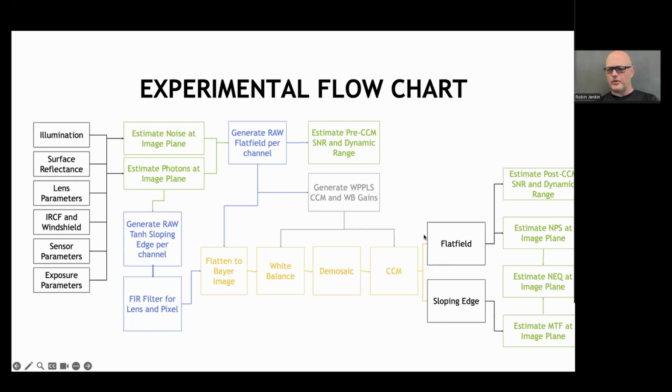This simulation was used for some other work, using dead leaves actually to estimate NEQ. We can convert into LAB and also look at color separation, which I'll talk about a little bit later as well. The details of this are in that paper that I just spoke about.